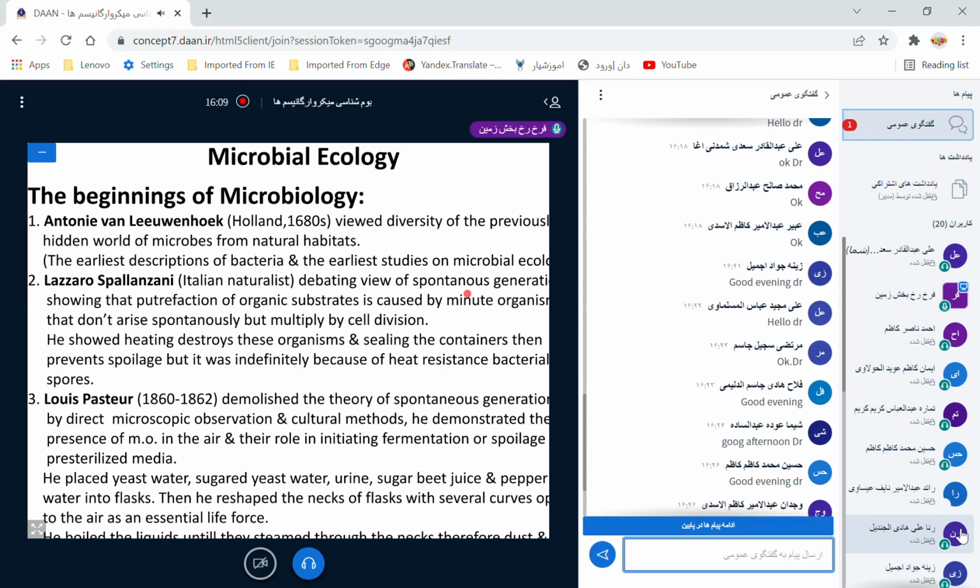Those which have sexual reproduction, each living thing has parents. And for bacteria, for virus, many microbes have only one parent.